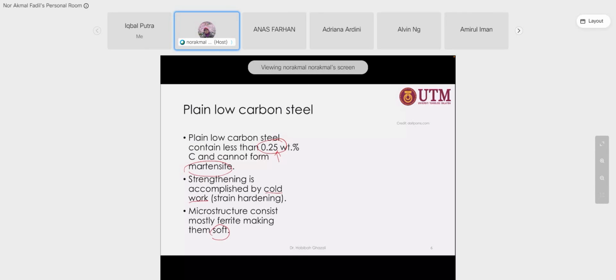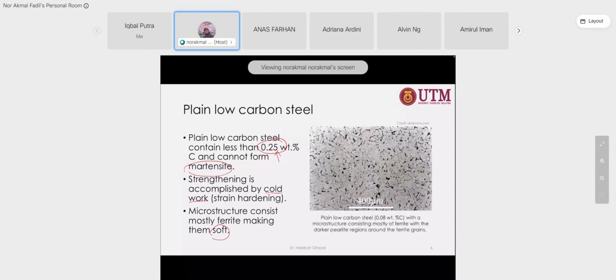So with less carbon, remember, if you increase the carbon, you can increase the strength and reduce the ductility, of course. If you look at the microstructure, it is mostly a bright region of the grain because it is associated with ferrite.